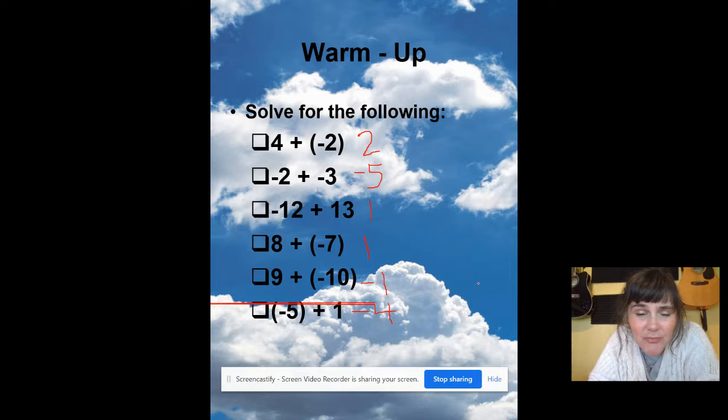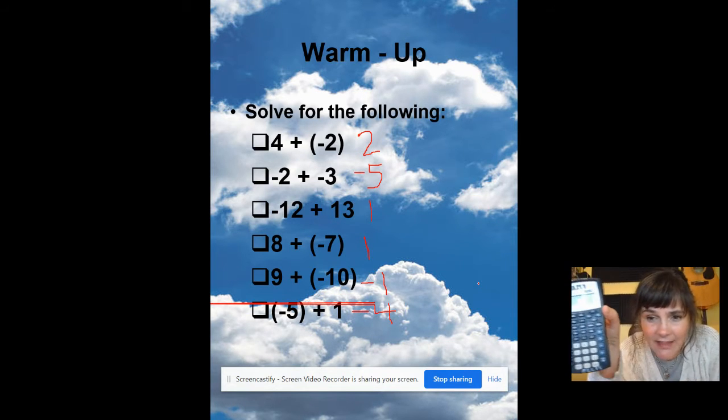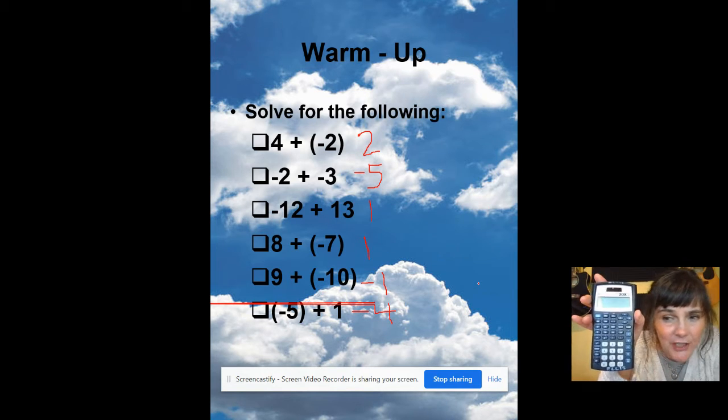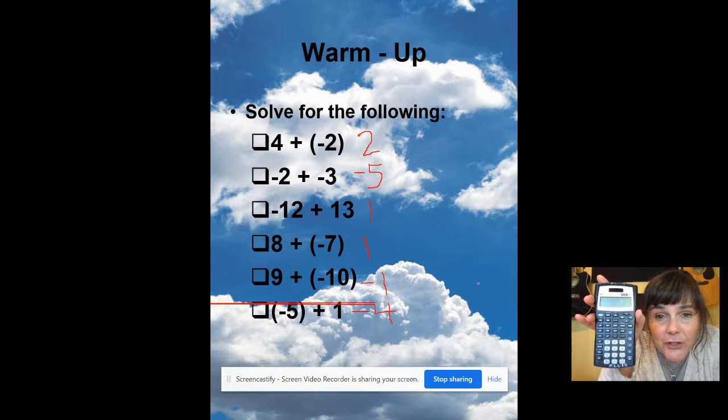So I talked to the group that came to the class that you are now watching and asked them again, do you have a calculator that will help you do negatives? Because not all calculators make that so easy. You want one that looks kind of like this. A scientific calculator will do it. Britton had a great point. You can also look on your Chromebook or use Desmos or something like that if you want to.